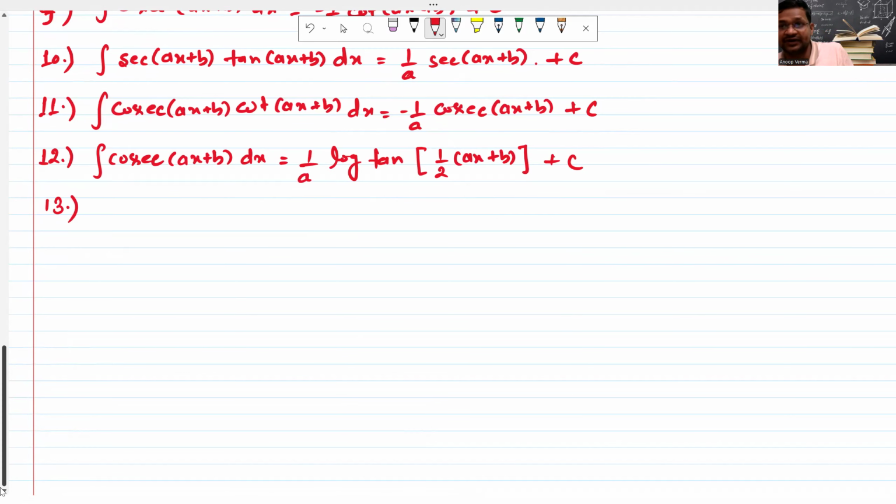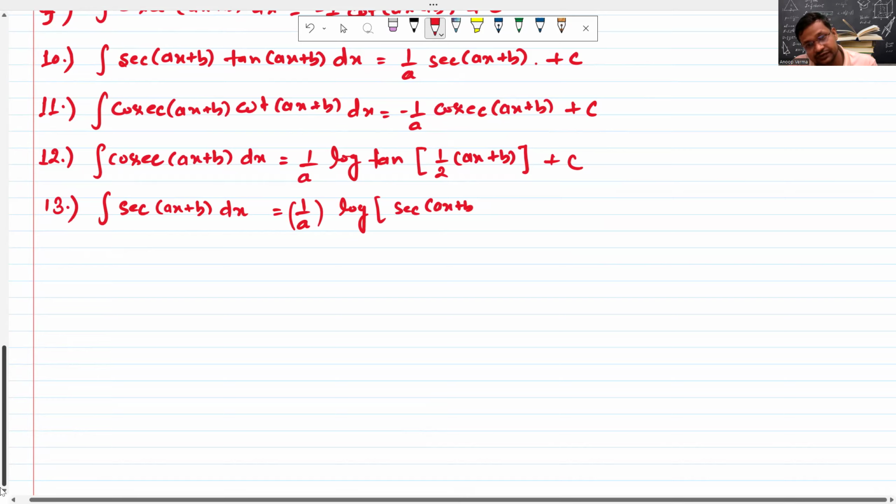You should understand that in every indefinite integral we have to add this integration constant c. Then the integration of sec (ax plus b) dx is just equal to 1 upon a log of (sec (ax plus b) plus tan (ax plus b)).